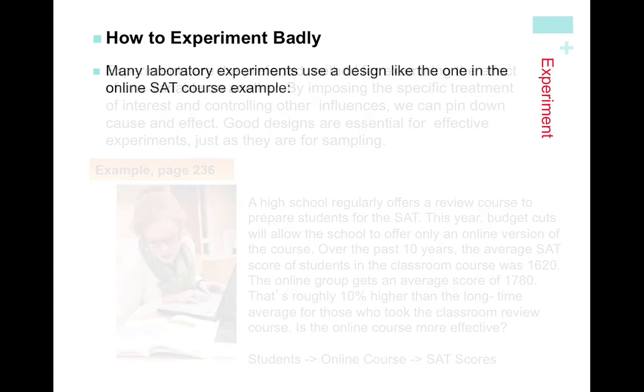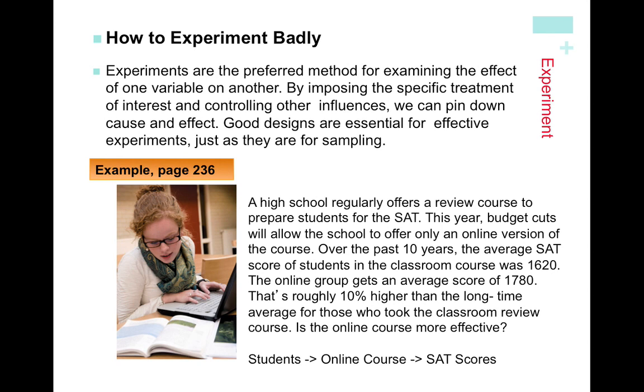So here's an example about SATs. They are exploring using an online version of this course. The online group gets an average score that's higher than the long-time one. So if we wanted to go through some of those terms, the experimental units would be the students.